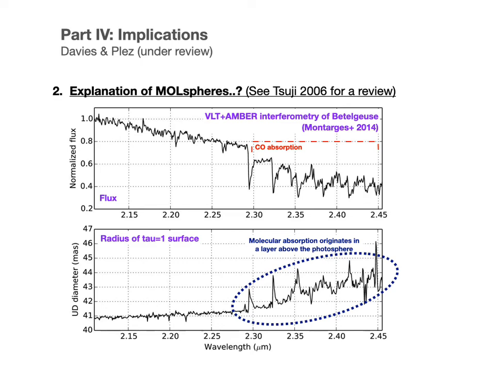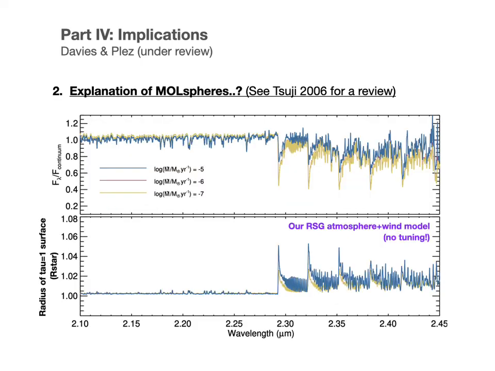Now, if you look at what we see in our models, which we haven't tuned, this just naturally falls out when you incorporate a wind into a model atmosphere. This spatially extended zone, which is responsible for the formation of those molecular lines, is naturally reproduced by simply adding in a wind of a garden variety mass loss rate.